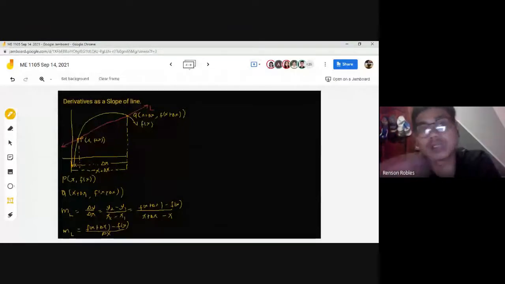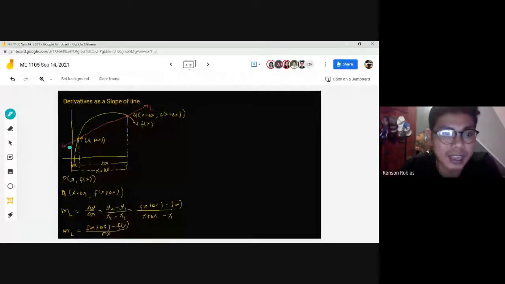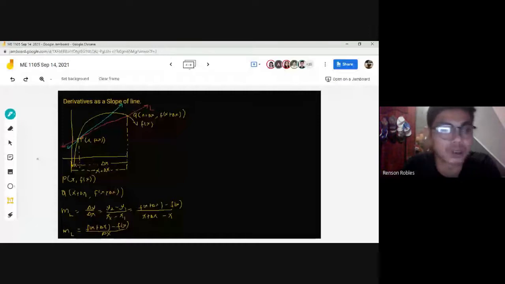But I will be fixing point P. So there will come a point where your line L is somewhere here. This is now your new point Q, whose slope is still written in this form. Then there will come a point where your line L is here.